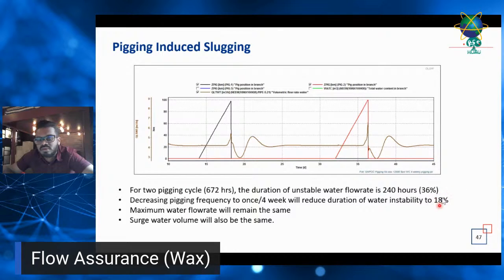So we can reduce the water instability by 18% to reduce the production deferment and production losses. I think that's all from my side.